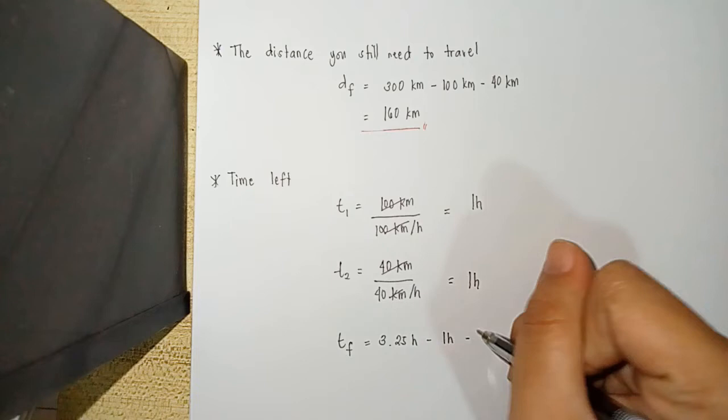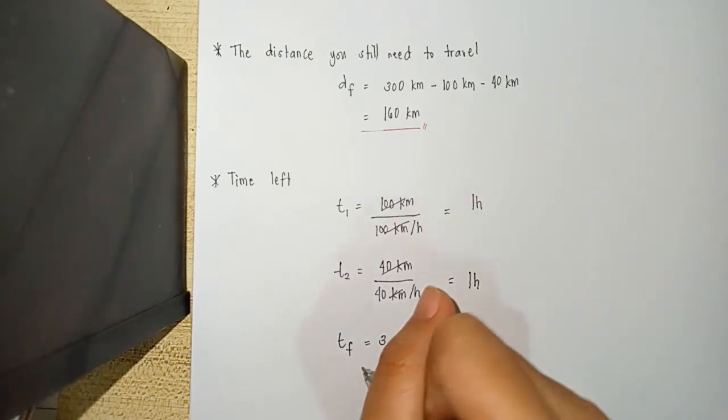But it's not 3.15. It's confusing, right? It's 3.25 because 1/4 hour is equal to 15 minutes. 60 divided by 4 is equal to 15. So, 1/4 converted into decimal will be 0.25. That's why our time is 3.25 and not 3.15.